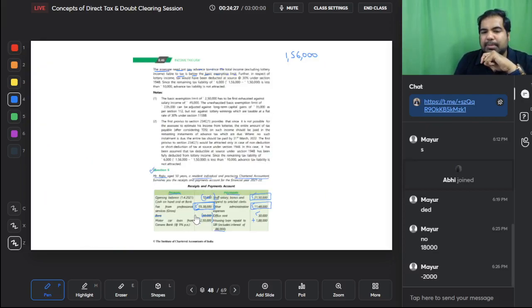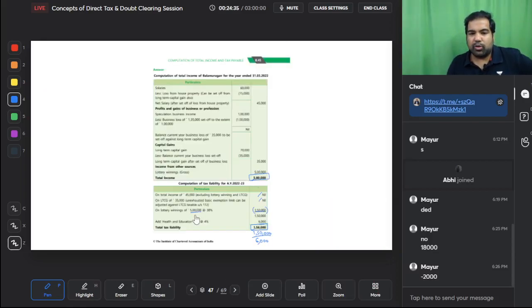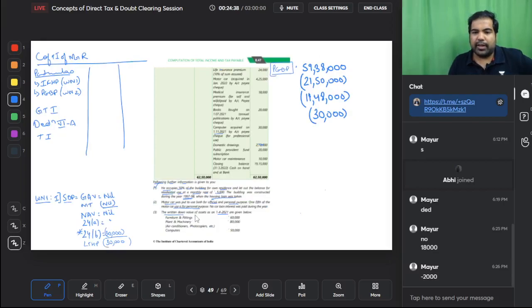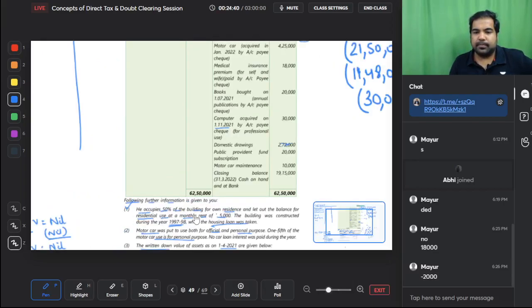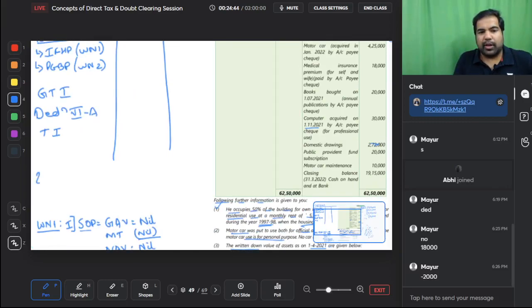Golden rule, any expense related to business and profession I can minus. Housing loan I can't minus, but I know that 1 lakh I can take under 80C. So I'm just going to prepare myself here only for 80C. I'm just going to write 80C 1 lakh, just preparing myself for that.